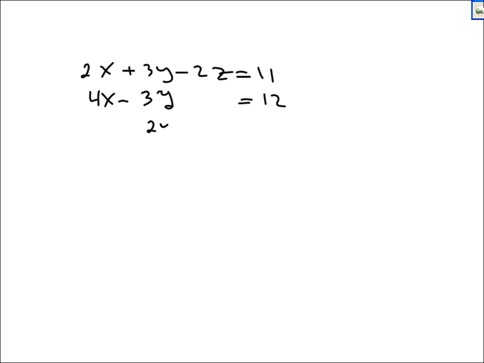So if you have 2x plus 3y minus 2z is 11, and 4x minus 3y equals 12, and you have 2y equals 16. The question is to write this in AX equals B form.